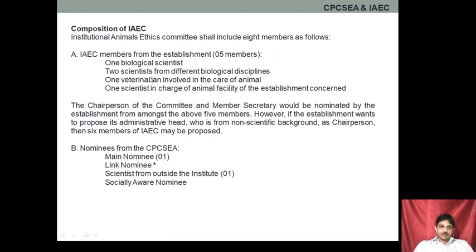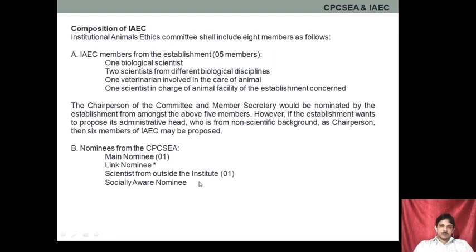plus nominees. One is the main nominee, another is the link nominee, who are nominated by the CPCSEA. If the main nominee is absent, then the link nominee will act as the main nominee. Next is a scientist from outside the institution, one scientist, and one socially aware nominee.